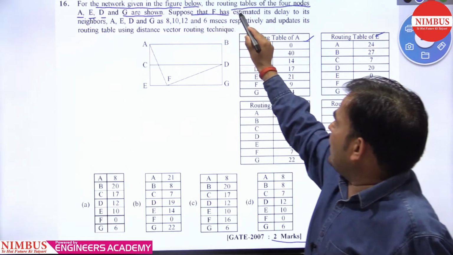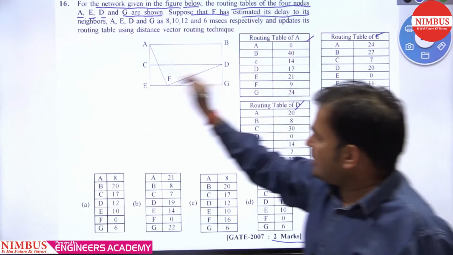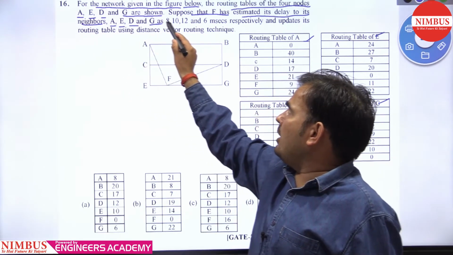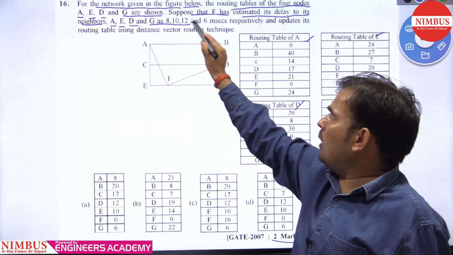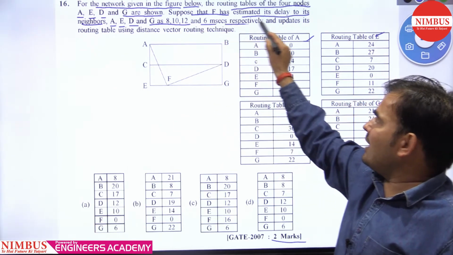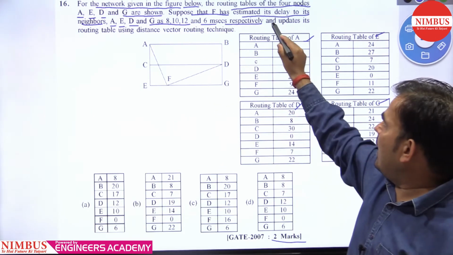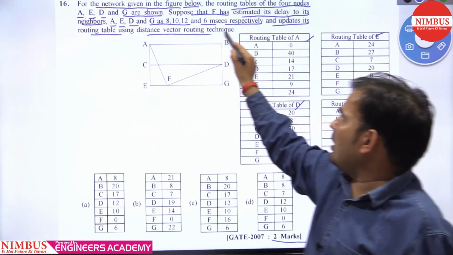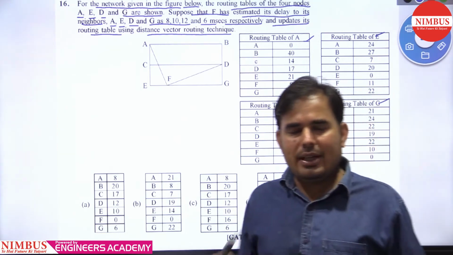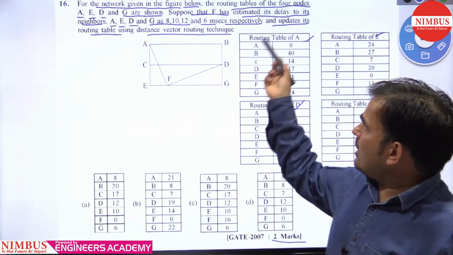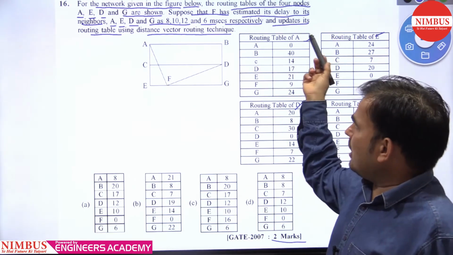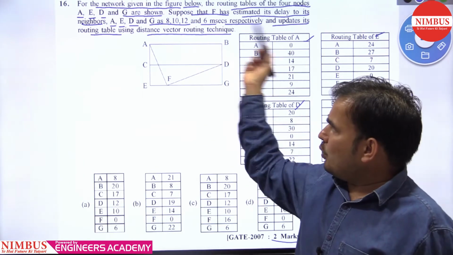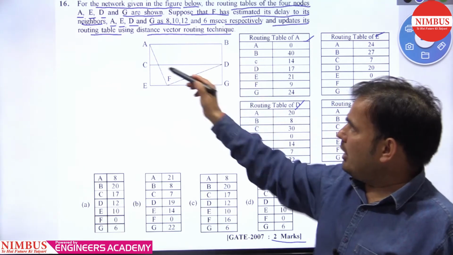Suppose that F has estimated its delay to its neighbors A, E, D and G as 8, 10, 12 and 6 milliseconds respectively, and updates its routing table using the distance vector routing technique. So the estimated delays F to A, F to E, F to D and F to G are given.